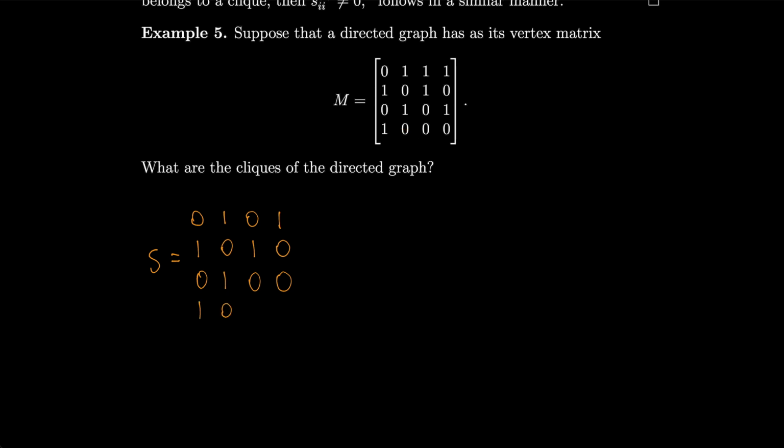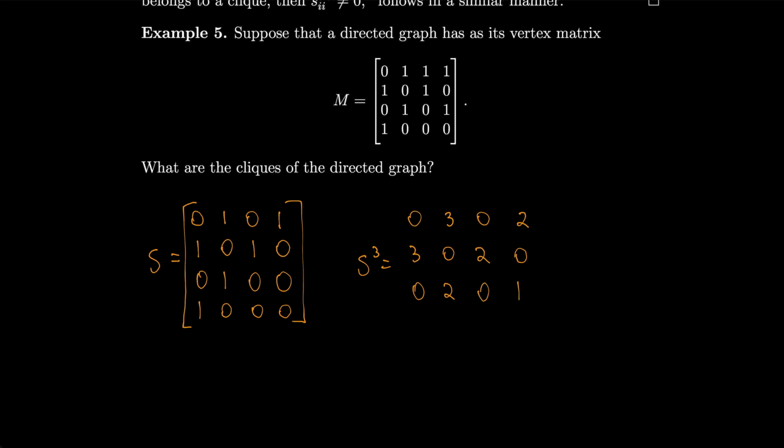So 1, 0, 0, 0. And that's our S. And now we can cube it, and we'll get 0, 3, 0, 2, 3, 0, 2, 0, 0, 2, 0, 1, 2, 0, 1, 0.